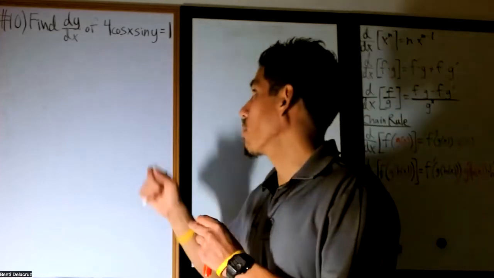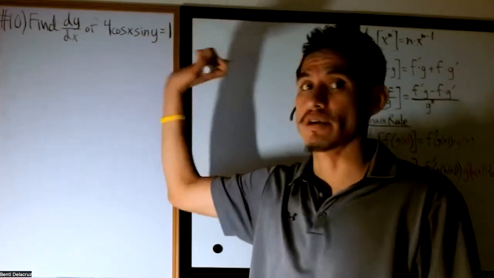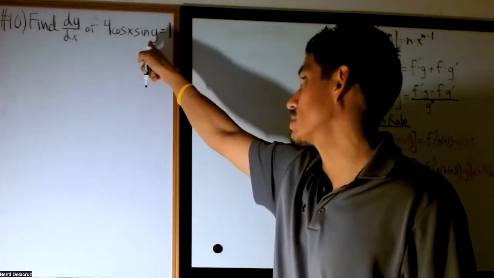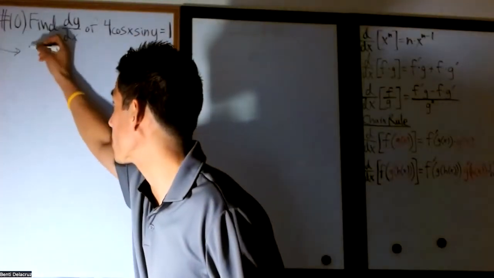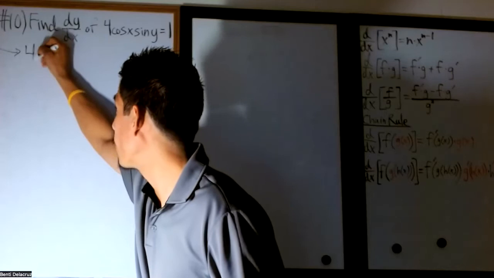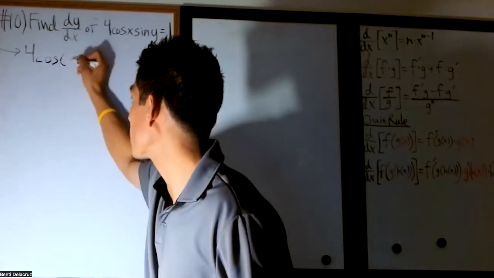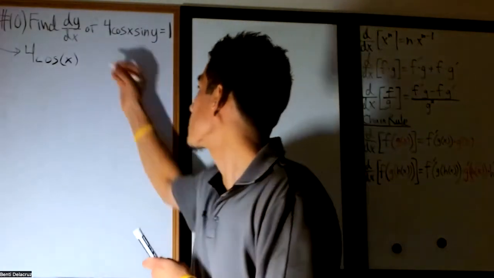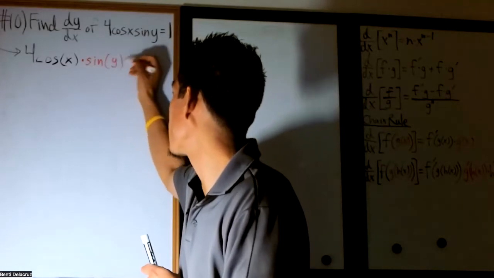Now, when we're dealing with trig functions, I really recommend that you write the input in parentheses. A lot of textbooks will just have the trig functions written like this. But what I mean is rewrite it like so: 4 cosine of (x), I put the x in parentheses, times sine of (y), and I put the y in parentheses.